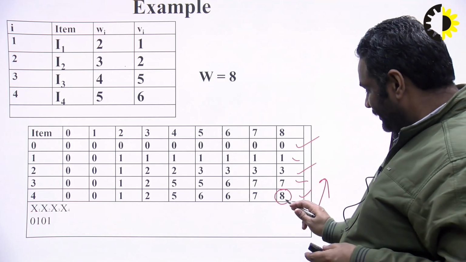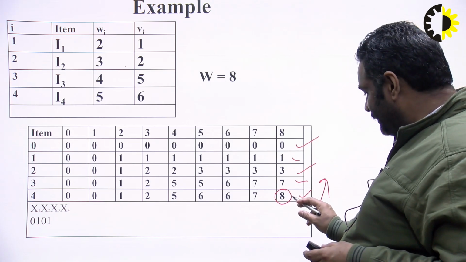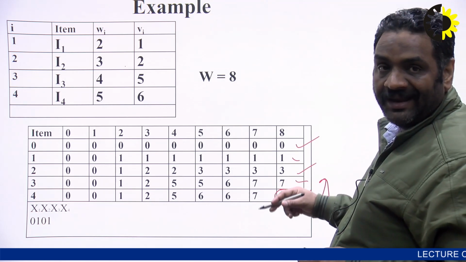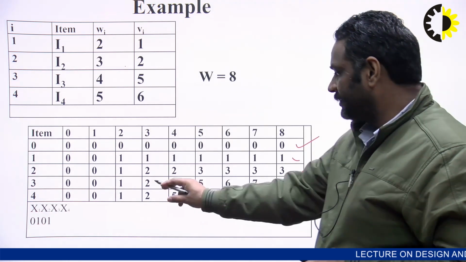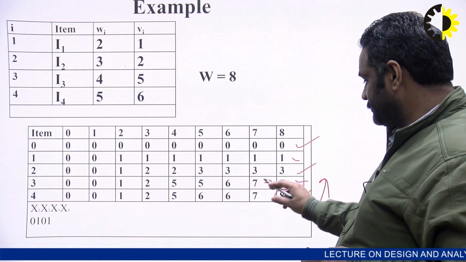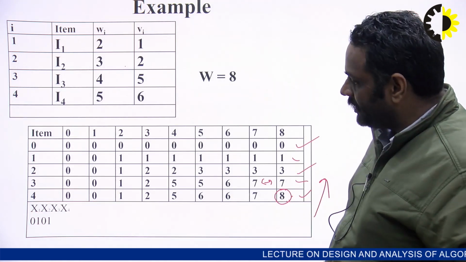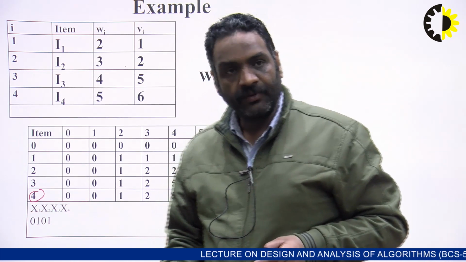By looking at this entry, first we need to find whether this entry is repeated in the previous row. 8 is there, but it is not in this row. So that means this entry comes by means of the fourth item.